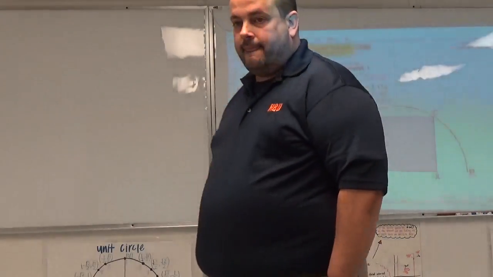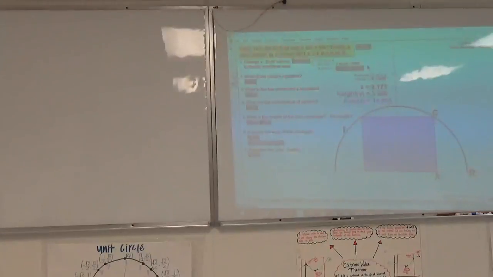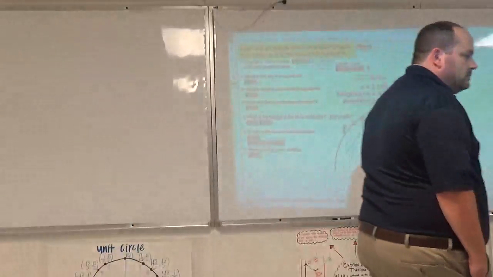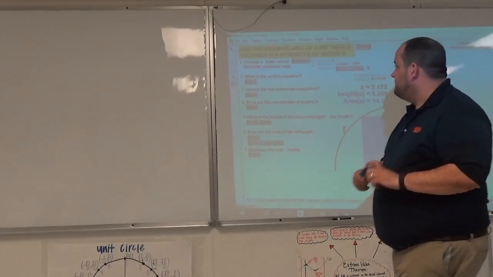How do you have a negative area? It wouldn't be a rectangle. That's what I was thinking. No, it's negative 4. That's what it was trying to say. It shows it right here. It stops at negative 4.